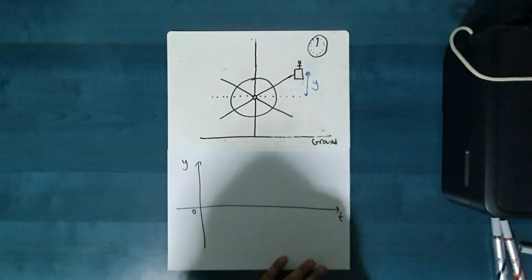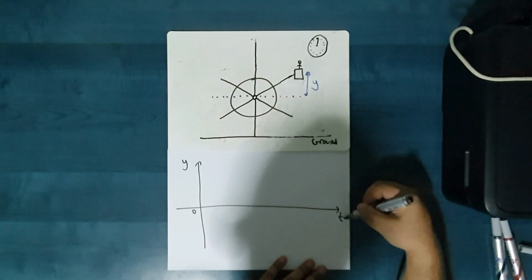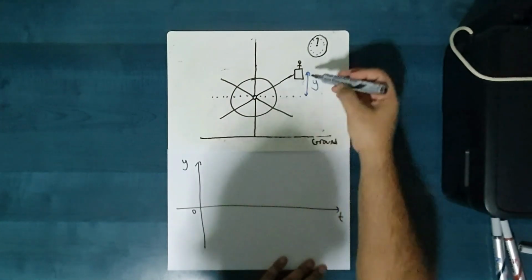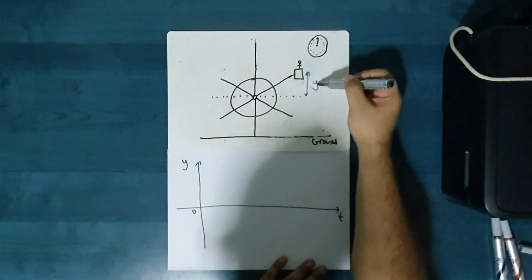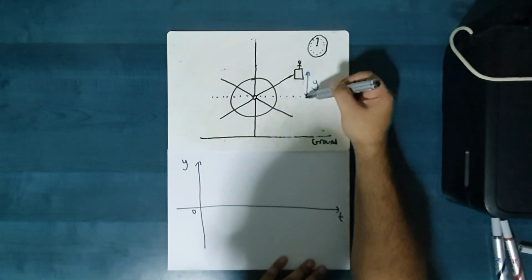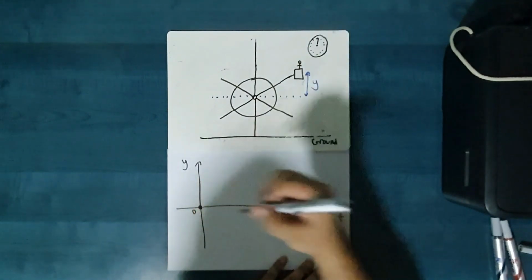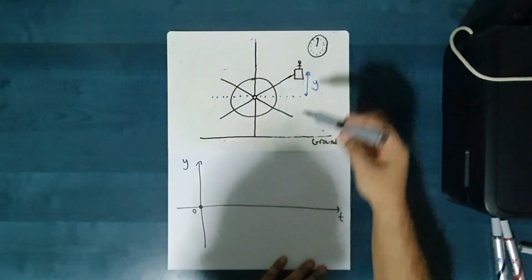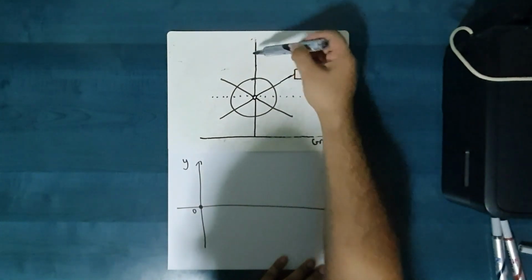So let's imagine in the beginning, that is when time is 0, he started from here. So when he is here, his y is 0. So time is 0, y is 0. So it will be represented by this point. And let's say 1 second later, he goes from here to the highest point.